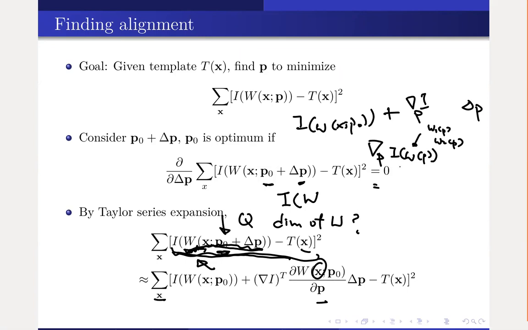Then this will be equal to the partial derivative of I with respect to W1 times the gradient of W1 with respect to P, plus partial I partial W2 times the gradient of W2 with respect to P. Okay, I think I wrote it correctly.